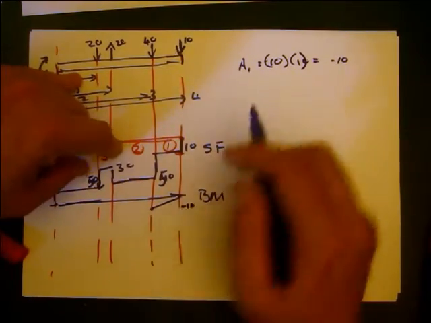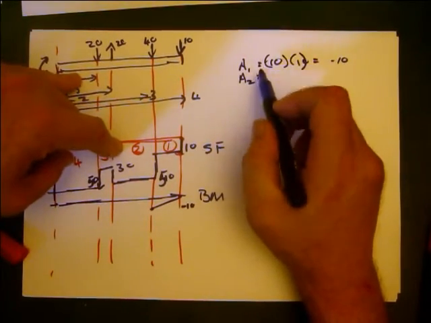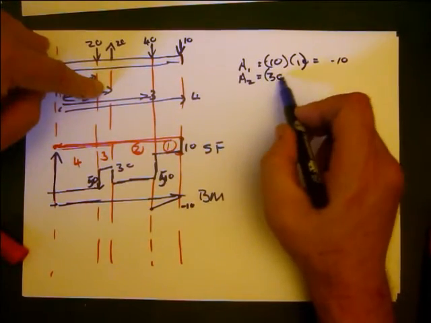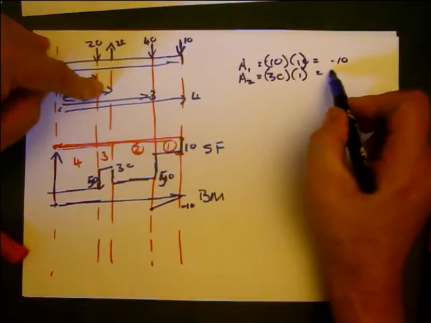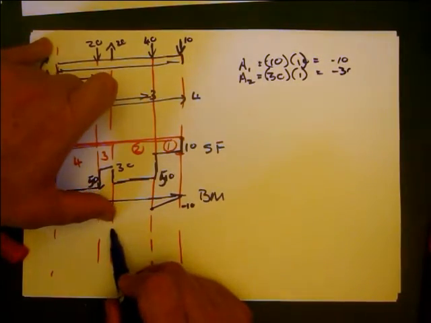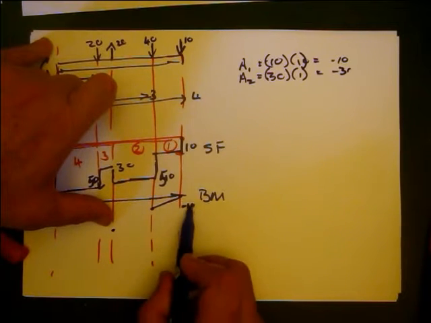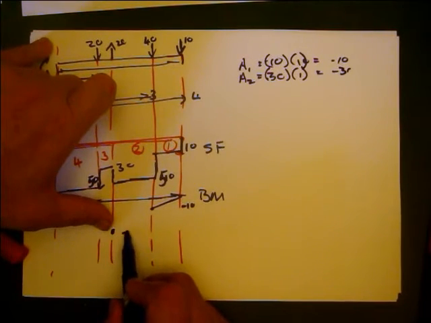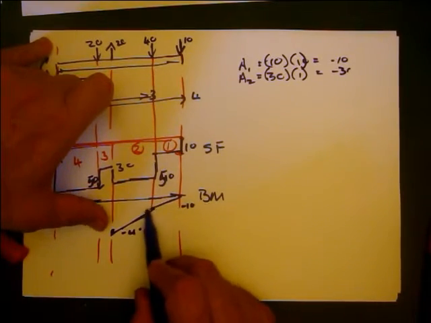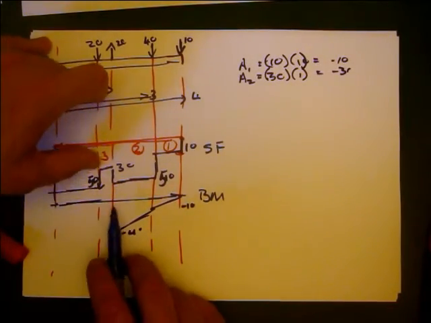Area 2 now is really big. It equals negative 30 times 1, that's negative 30. So we're going to end up at negative 10 plus negative 30, which is negative 40. Notice that the slope should be different.